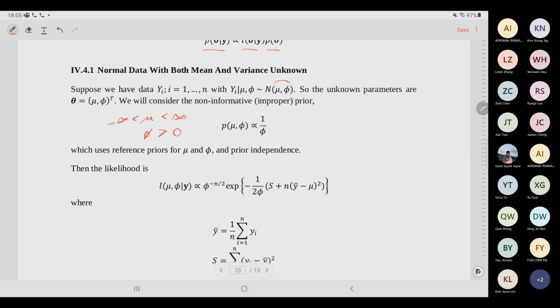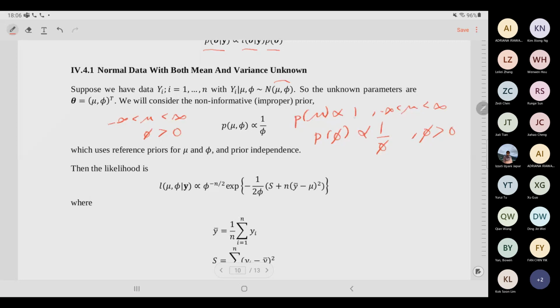you assume prior independence. So what does it mean? It means that your p of mu is 1, and then your p of phi is 1 over phi. Okay, so you can see over here that your mu is over infinity, and your phi is bigger than 0.